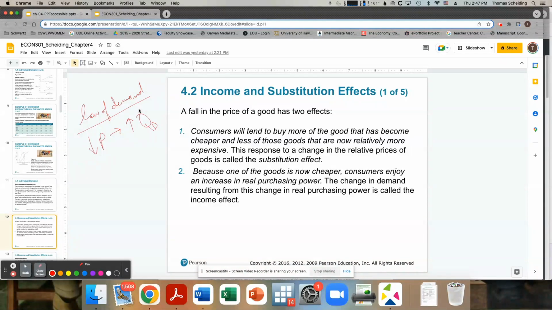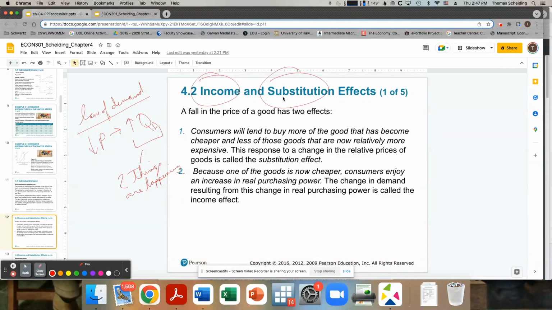Now, what this slide starts to tell as the story, and you may have heard it before, but I'll go into detail, is that two things are happening. And these two things are happening simultaneously that are contributing to this increase in the quantity demanded. The first being the income effect, the second being the substitution effect.